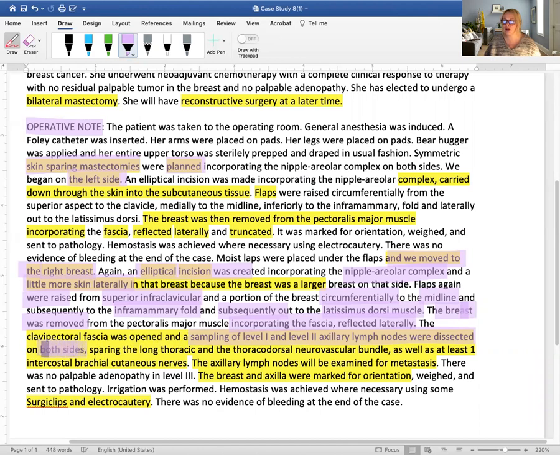That's important to know. Sparing the long thoracic and thoracodorsal neurovascular bundle, as well as at least one intercostobrachial cutaneous nerves.